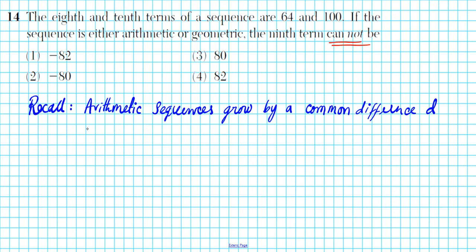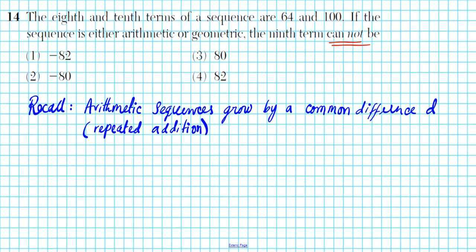So in the case of an arithmetic sequence, you have repeated addition. Okay? All right, so you add the same thing over and over again to generate subsequent terms of an arithmetic sequence.